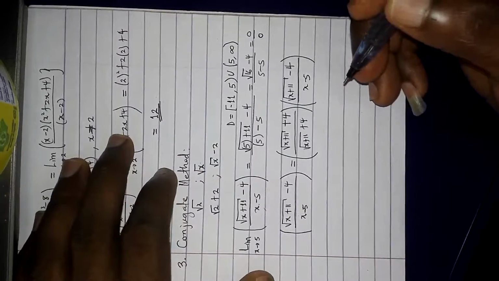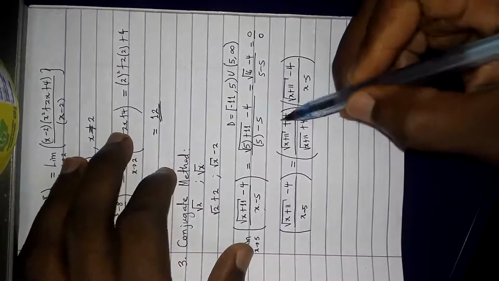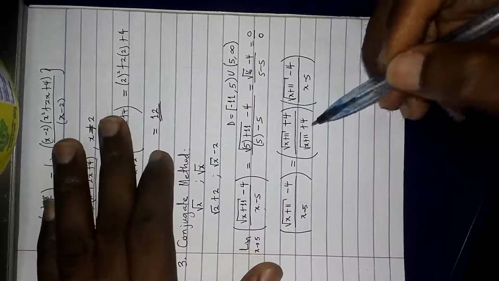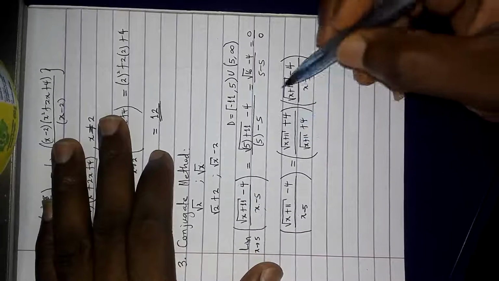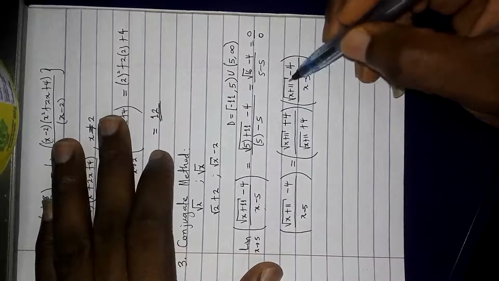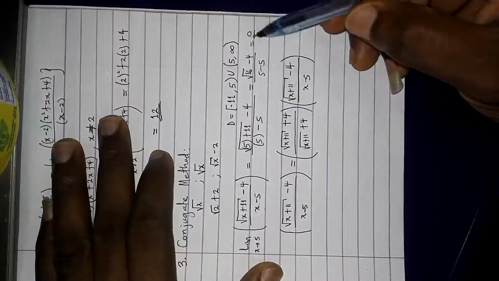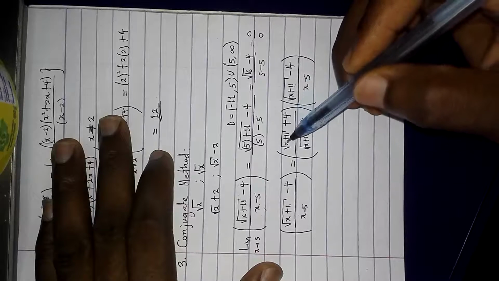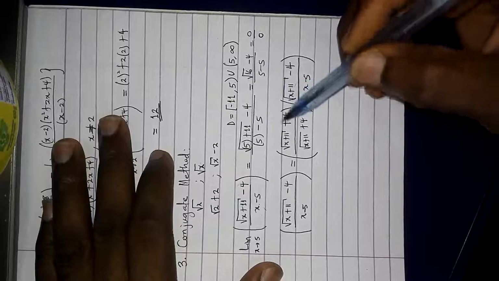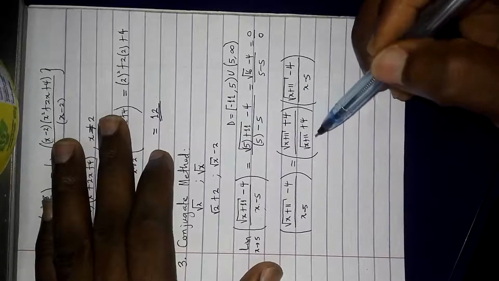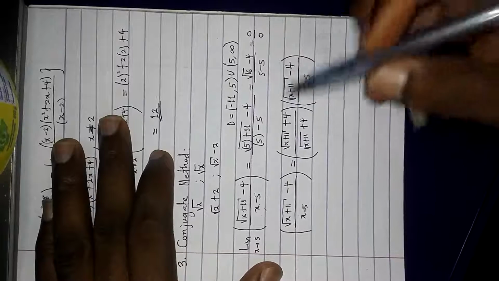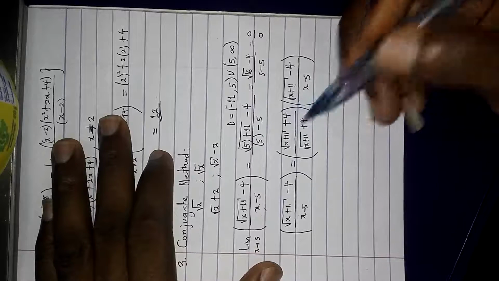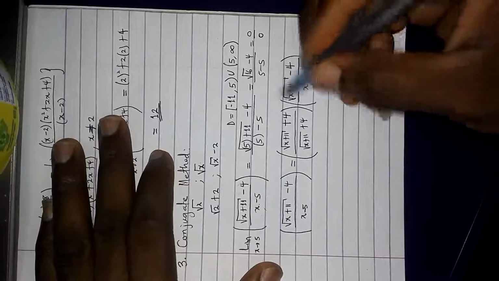We know that this cannot give us 0 because this one already gives us 0, we are very sure of that, that's what we have already checked. So we know that root of x plus 11 plus 4 will not be 0 around this value that we are dealing with. For this to be 0, you would need this square root to be equal to minus 4, which is not possible. So that is why we can do this.